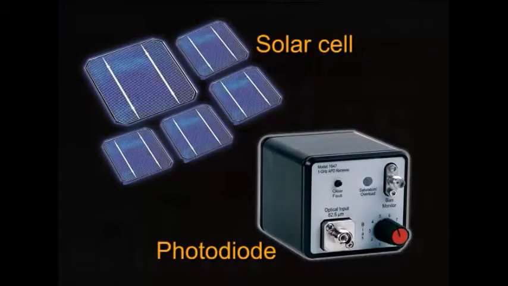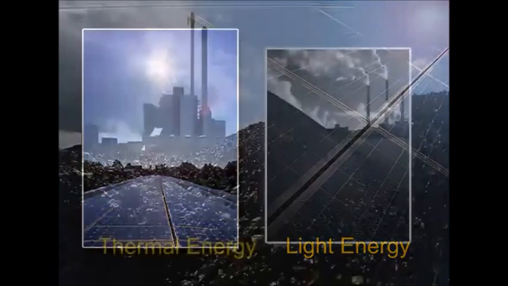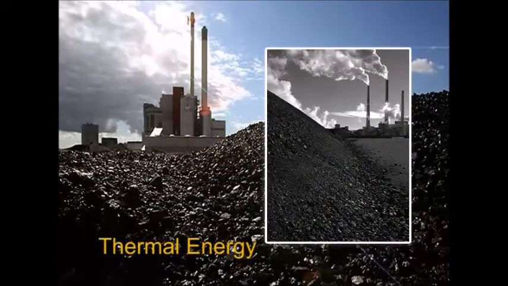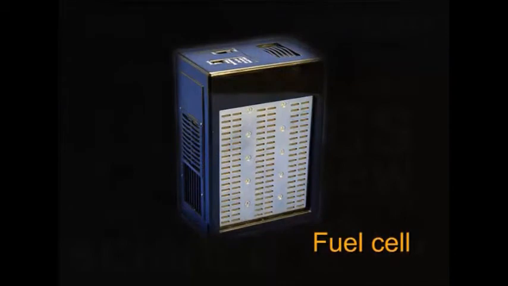Similar other sources of EMF are solar cell or photodiode, where light energy is the external source of energy to separate the positive and negative charges. In thermionic emissions, it is the thermal energy, and in the fuel cells, it is again the chemical energy.